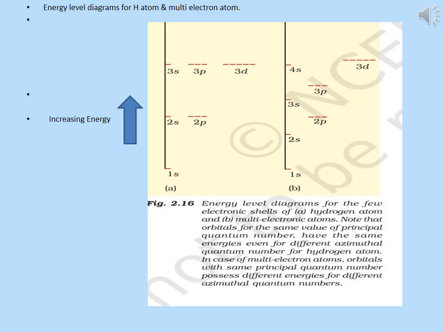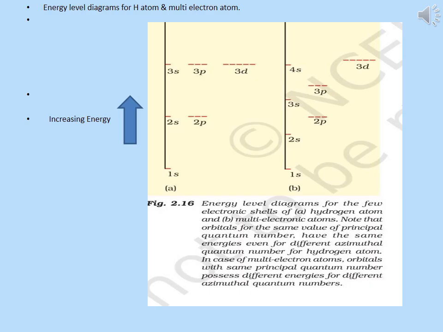Same subshell is s orbital. Same subshell of lithium is s orbital. Look at the position of the 2s orbital. Increasing energy I've shown by a blue arrow. So look at the 2s orbital position of hydrogen and that of a multi-electron species. Which is higher? Definitely the energy of the 2s orbital of hydrogen is higher in energy, less negative than the 2s orbital of multi-electron species.